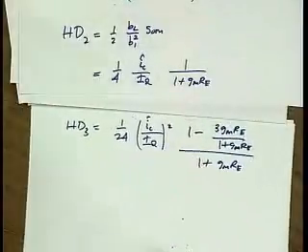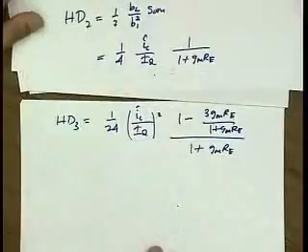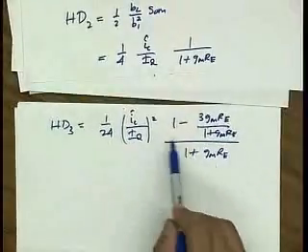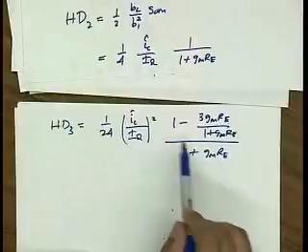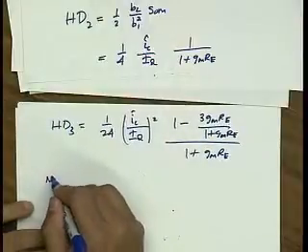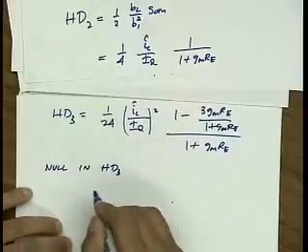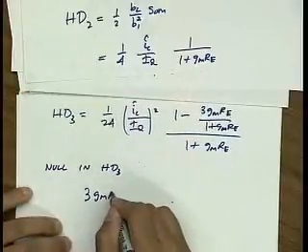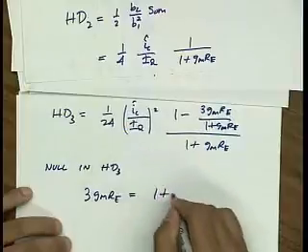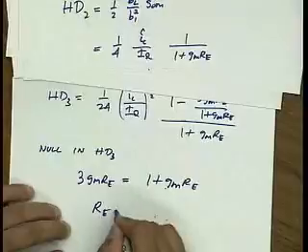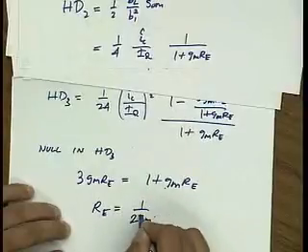Okay? So now we see that the action of the feedback could in fact produce a null if I could get a cancellation here. So let me try to solve for null. That means I want 3 GM-RE to equal 1 plus GM-RE. In other words, I want RE to be 1/2 GM.